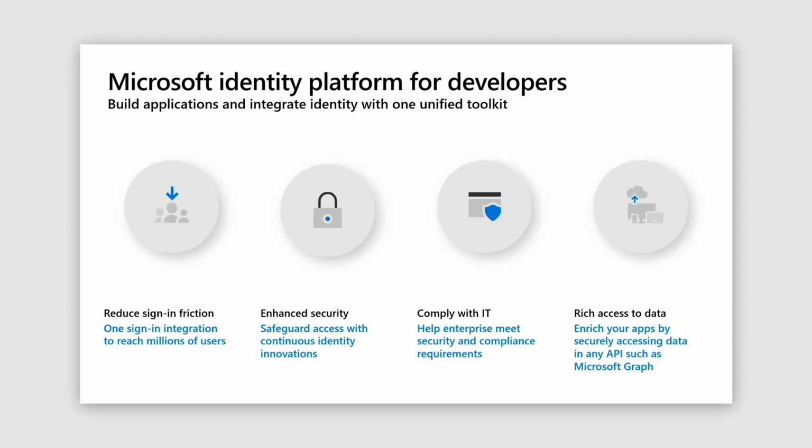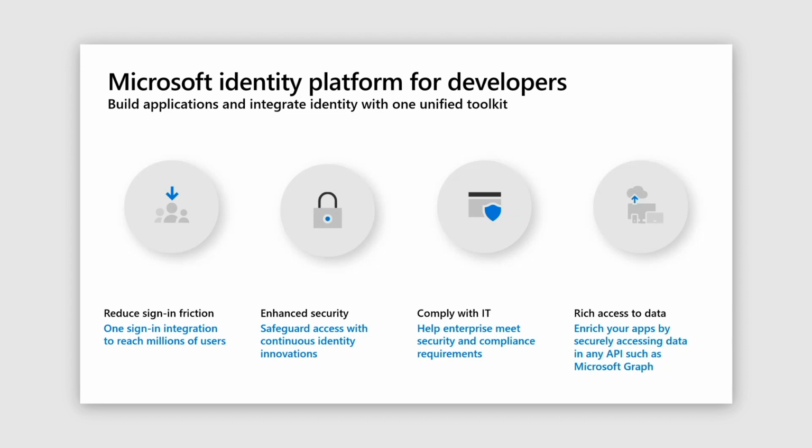First, you'll be able to reduce the sign-in friction. The Microsoft Identity Platform enables users to sign in with their preferred identity using a familiar user experience. Second, security is enforced by Microsoft. You'll always get the latest in identity innovation, such as passwordless.